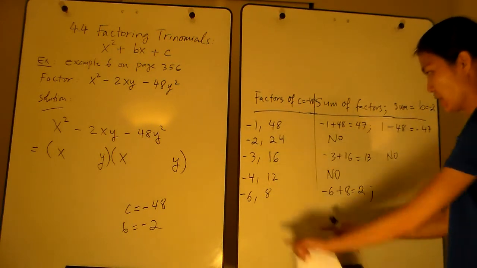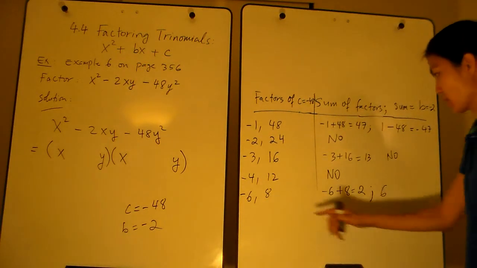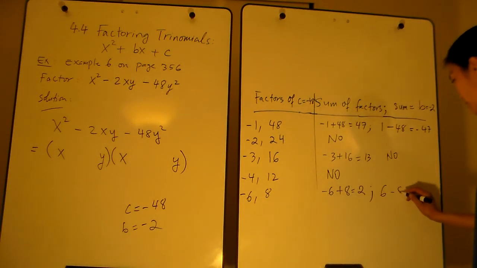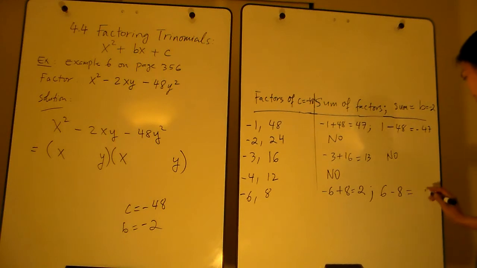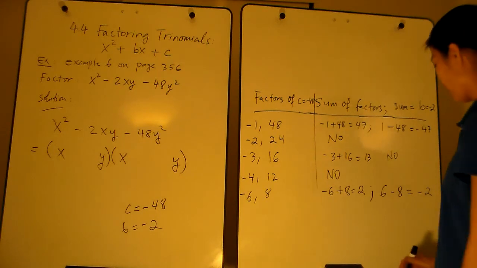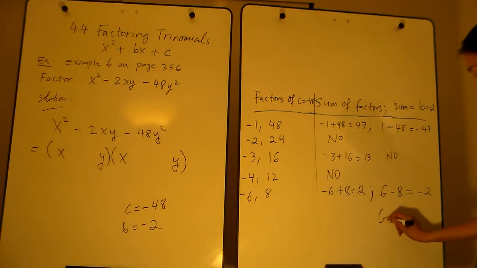How about the other? When 6 is positive, this is negative. 6 subtract 8 is negative 2. Guess what? Negative 2 here: the sum of factors 6 and negative 8 would give you b equal to negative 2. So the correct one is positive 6 and negative 8.